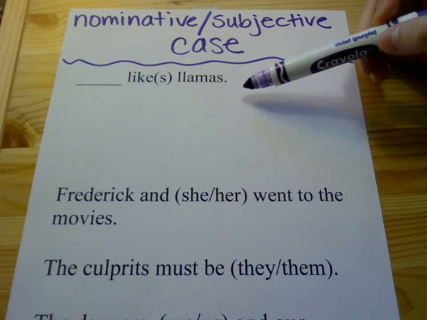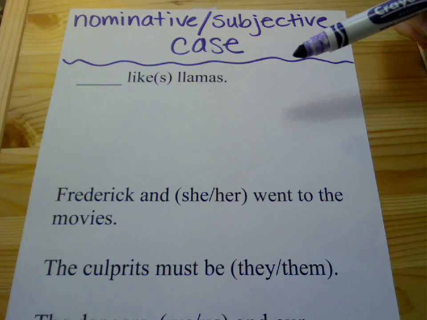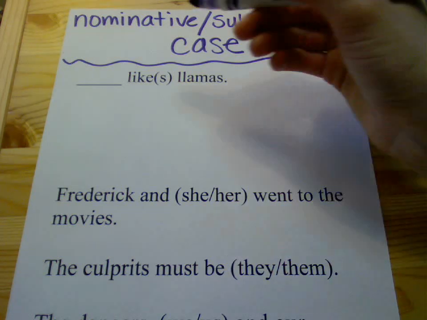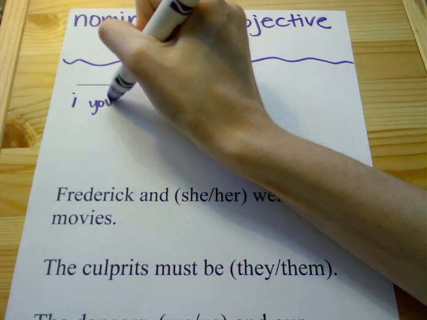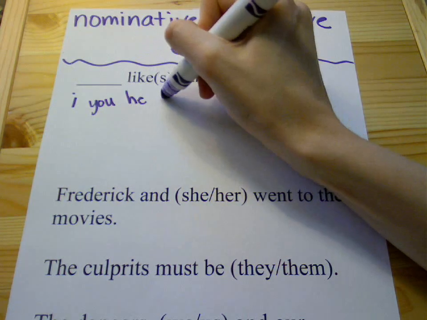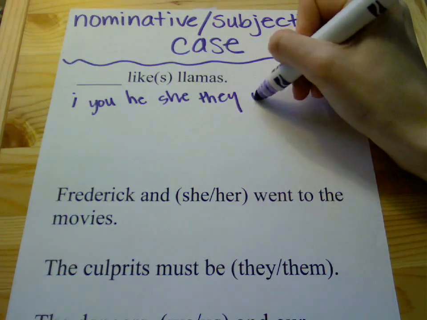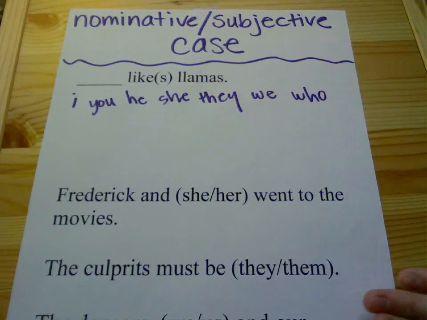I love this sentence because this is the sentence that's going to allow us to remember which pronouns are in the nominative case. Okay, so I'm going to jot some of these down. I, you, he, she, they, we, and then who.